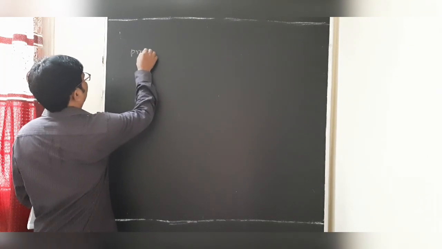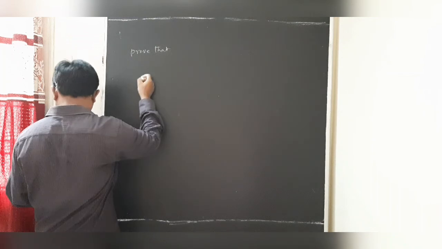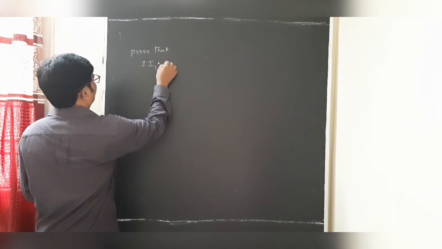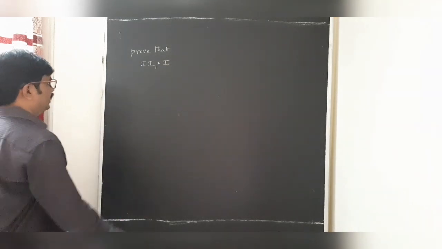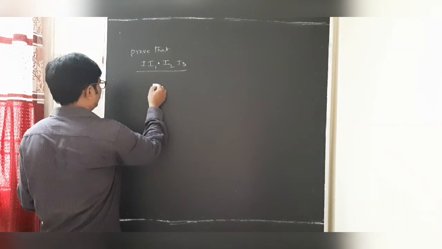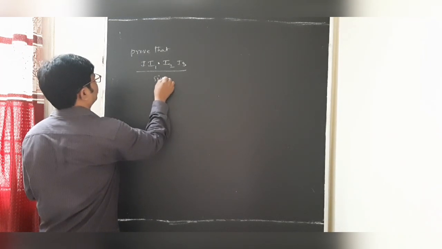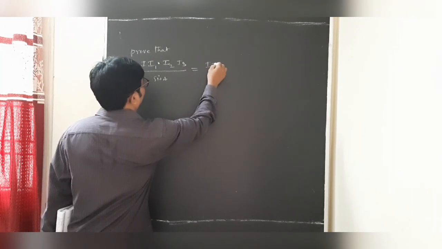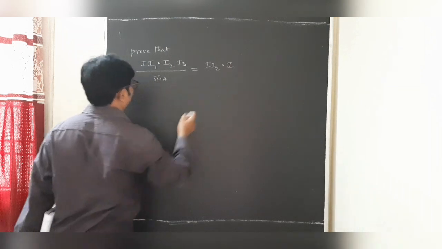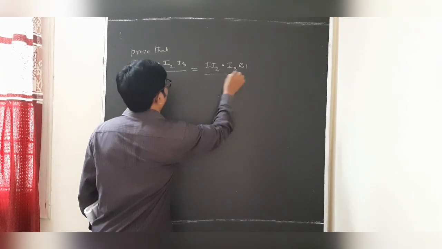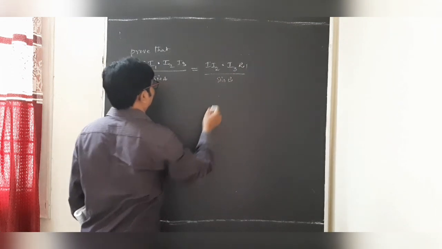Now students, prove that I1 I2 I3 upon sin A is equal to I2 into I3 I1 upon sin B. Prove that.